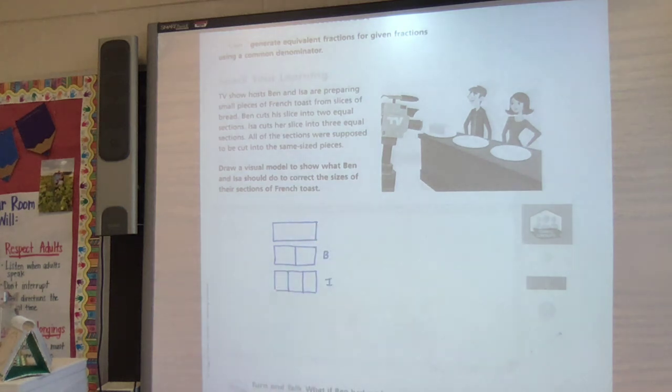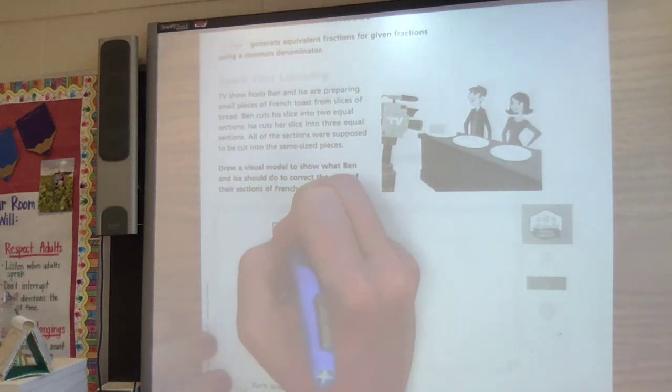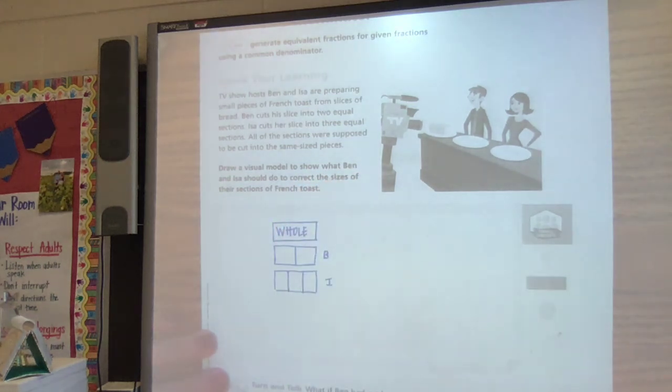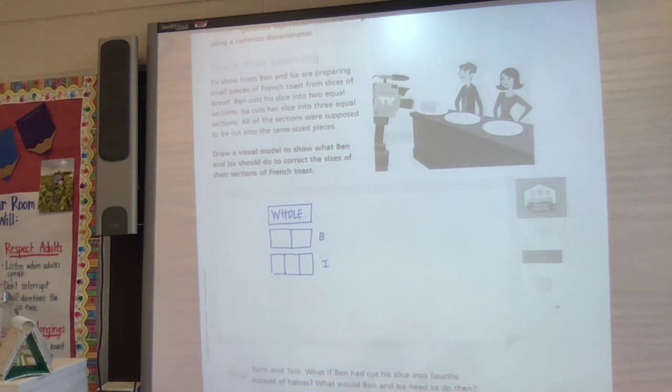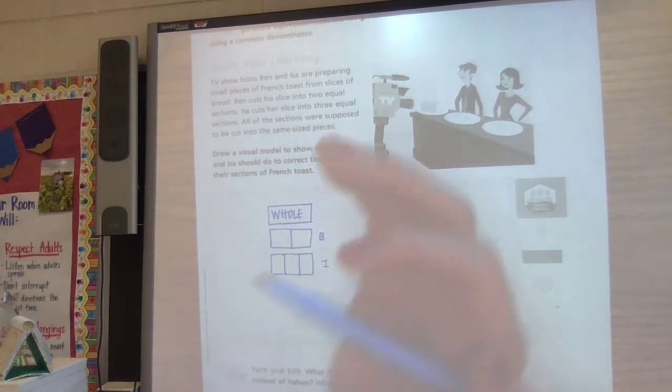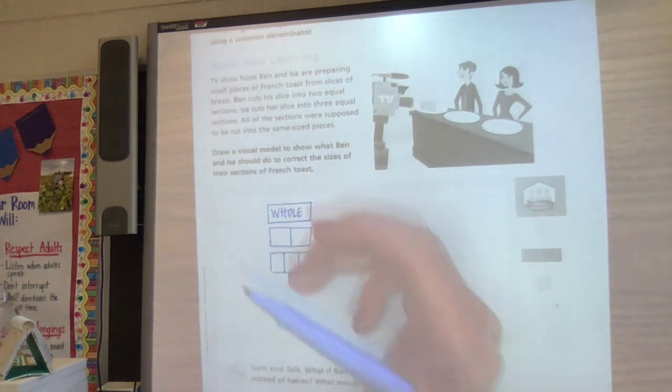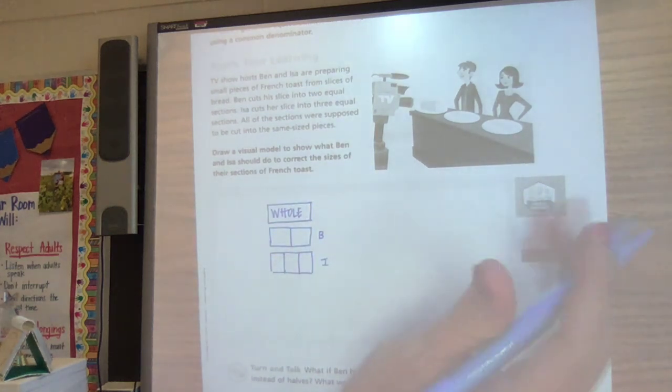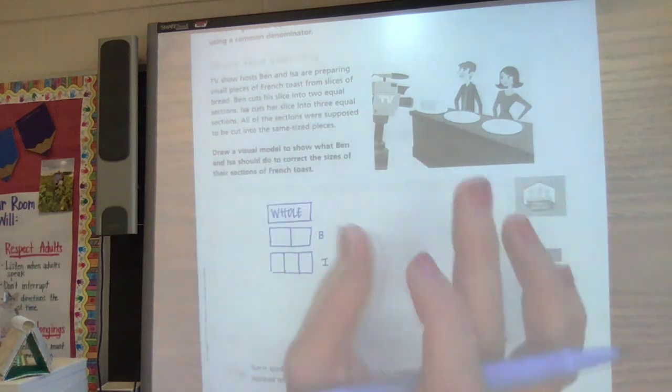All right, and this is my whole, just for my reference. Okay, what could they do to correct it? So what it's saying is he's got his in 2 pieces, she's got hers in 3. Is there a way that we could cut it some more and then they'd all be in the same equal part?